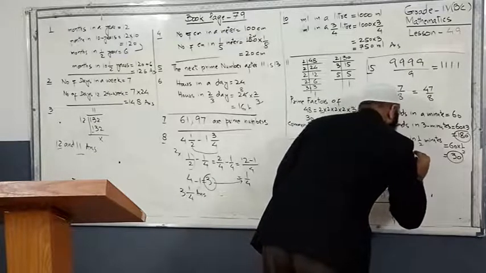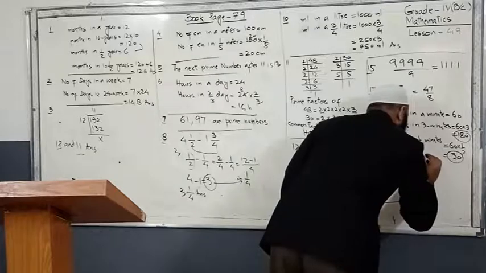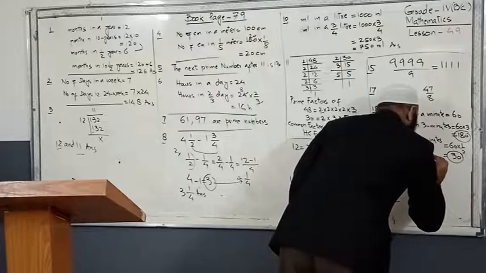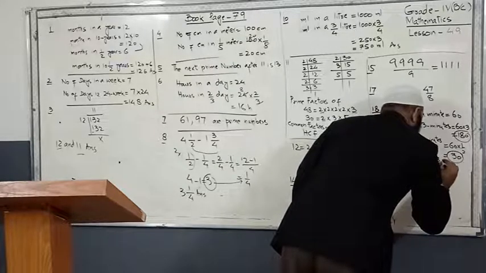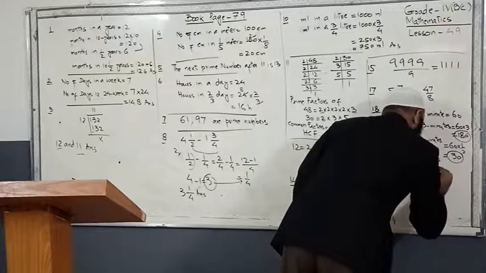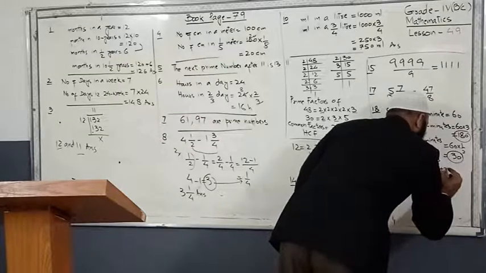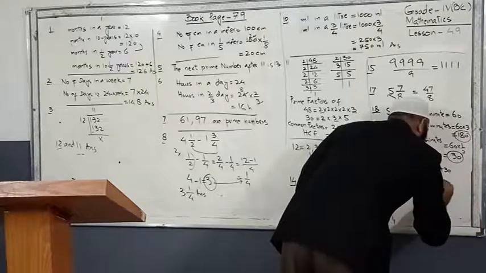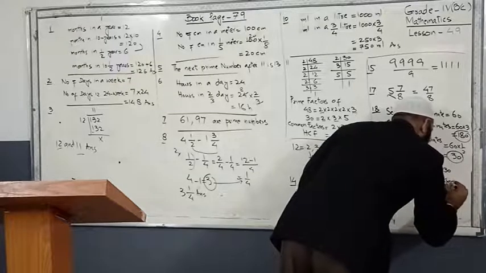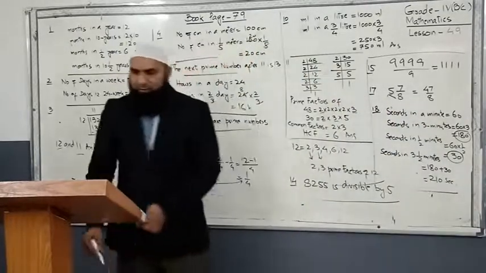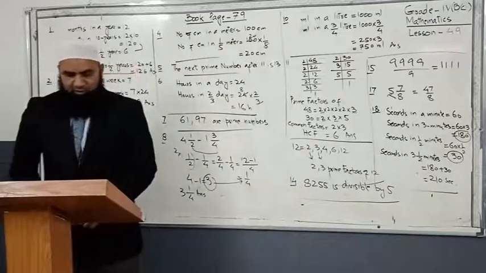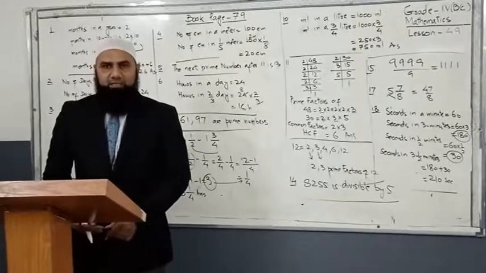Seconds in 3 whole and half minutes are equal to 180 in 3 minutes plus 30 in half a minute, which is 210 seconds. This is the answer, and this was the last question of our today's lesson.